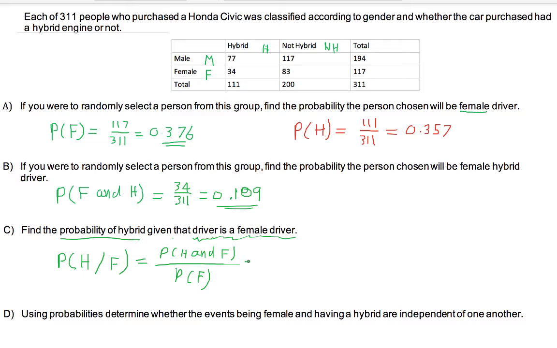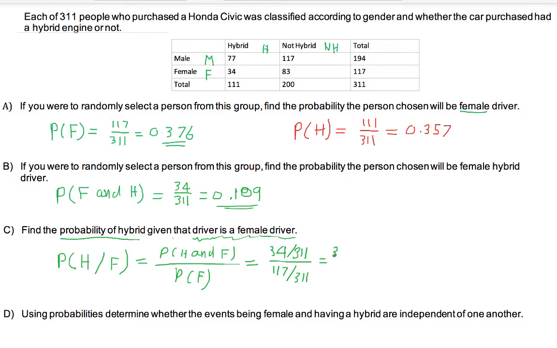So you can find the probability of H and F. If you go to the table again, you can find this female and hybrid, 34 divided by 311, and probability of female, we have 117 total females, and the total should be 311.